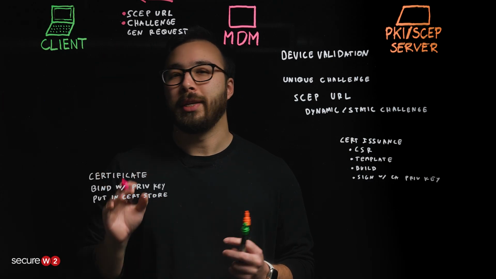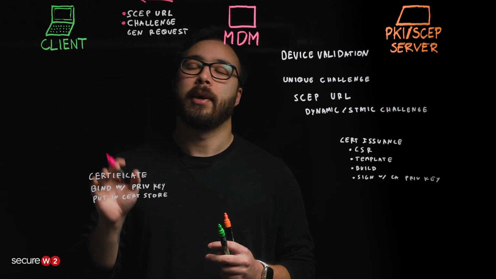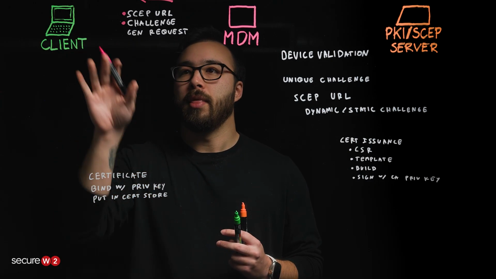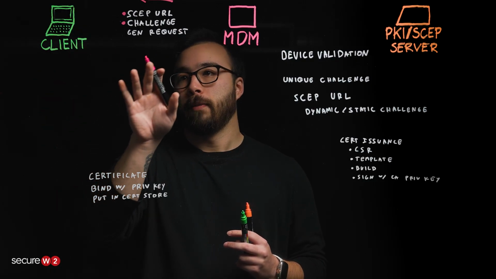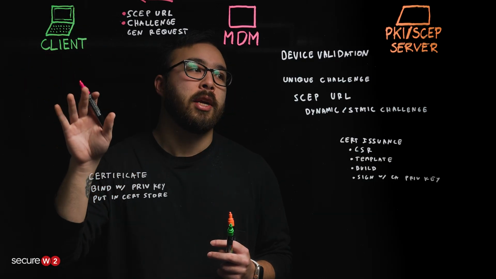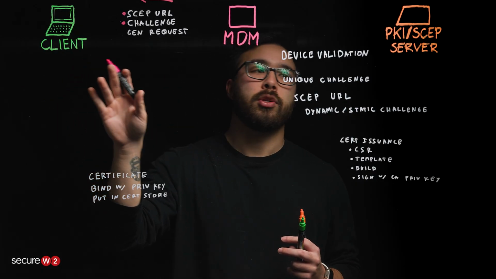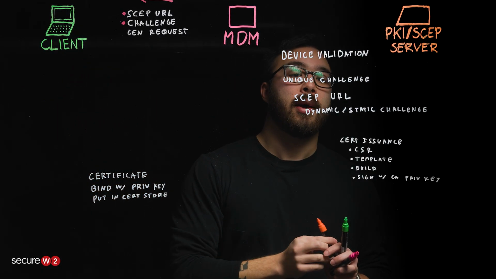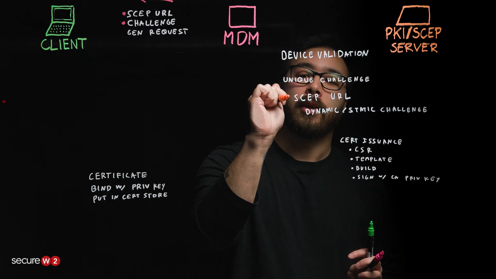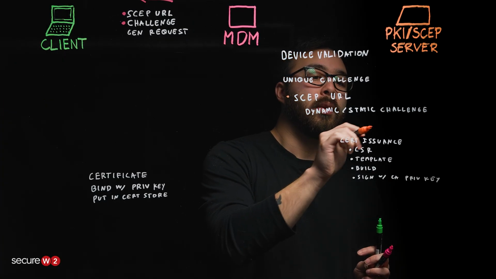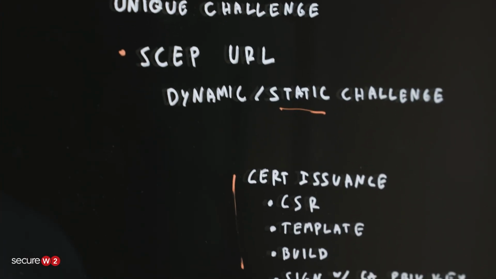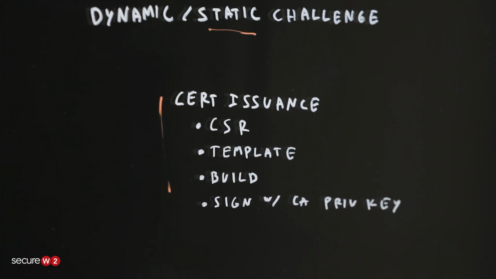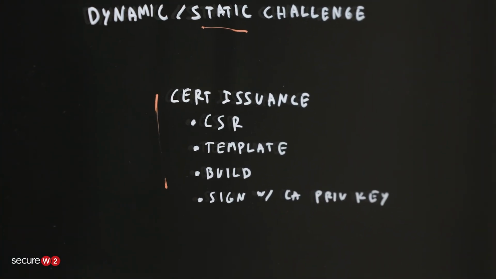This profile is going to contain some other information about the certificate authority, but the key difference is that the token is the same, and it sends it over to the device, and the device is going to then use that to go talk to the PKI. It's just going to validate the SCEP URL, validate the static challenge, and then use that information to make a certificate and send that certificate to the client.